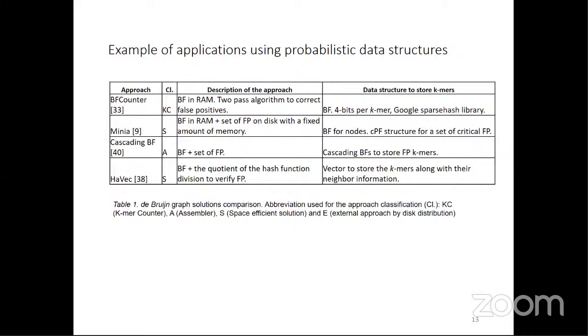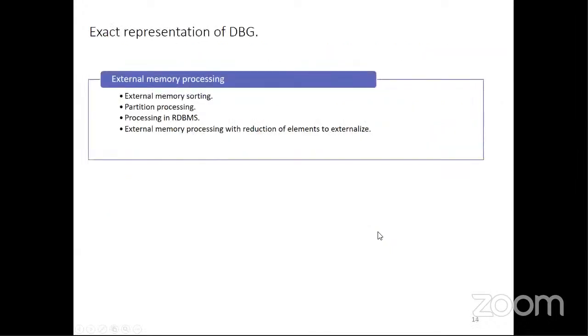For example, Minia is an algorithm with two steps to correct false positives, and uses one bit per counter per K-mer and a cascading Bloom filter in which they artificially apply a Bloom filter to represent the set of false positives.